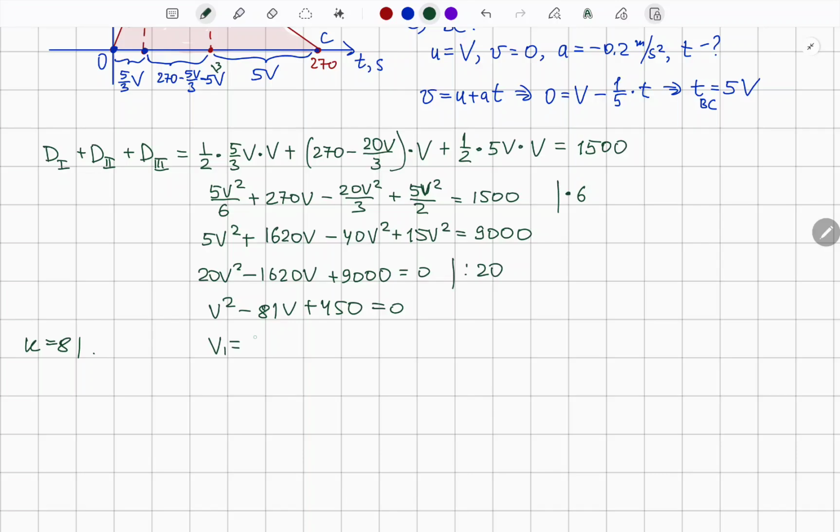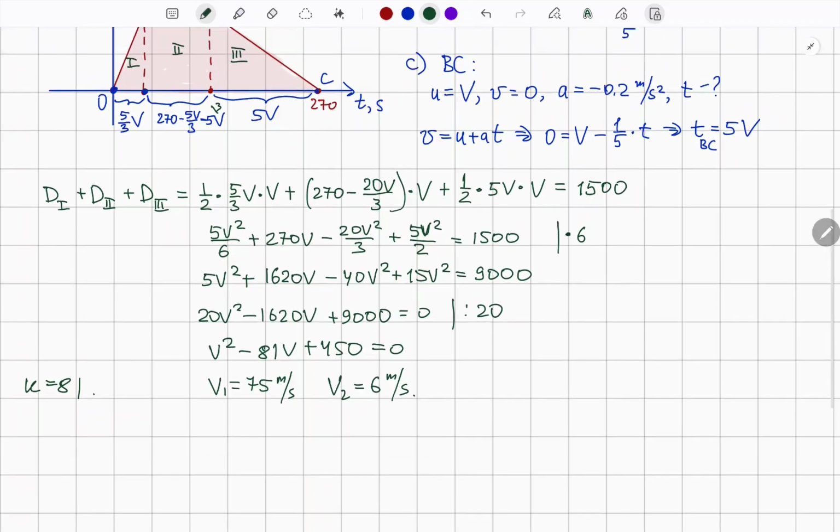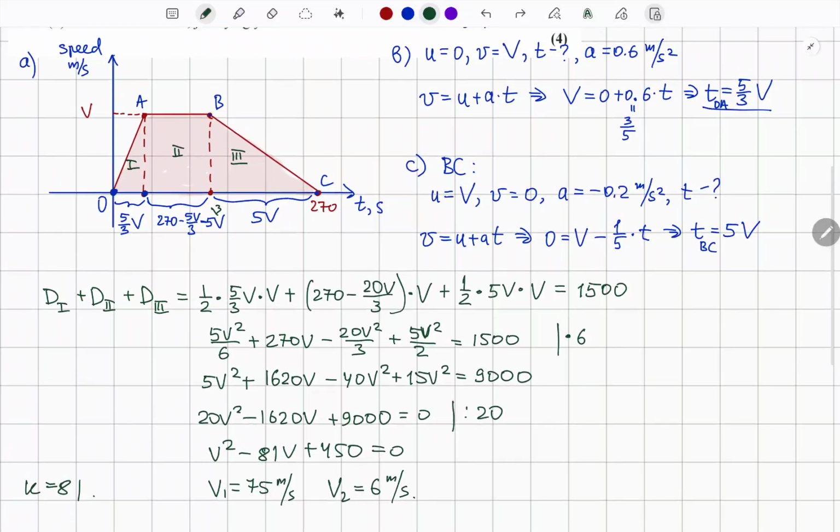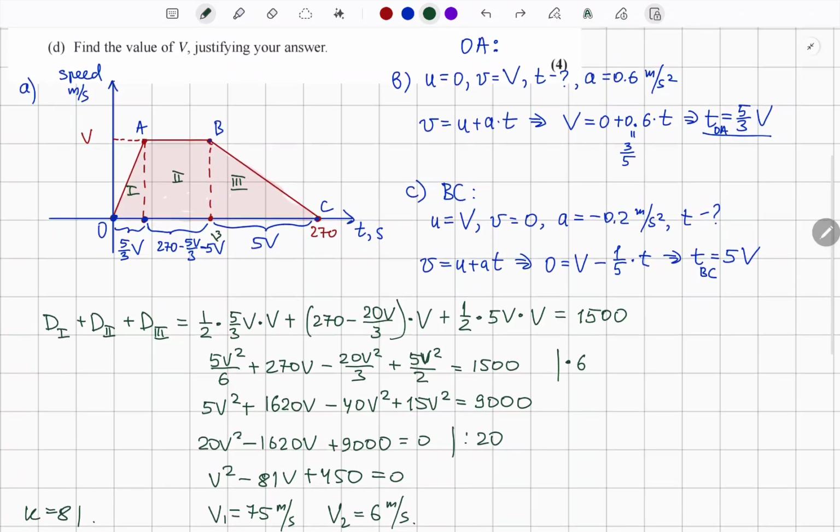So V1 is 75 meters per second, and V2 is 6 meters per second. Okay, they're both positive numbers. If it were a negative number, I would get rid of it right away, but they're both positive. So I have to put some more effort to understand which of the roots must be taken.